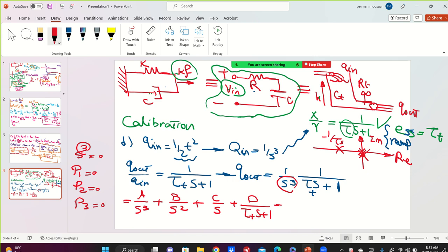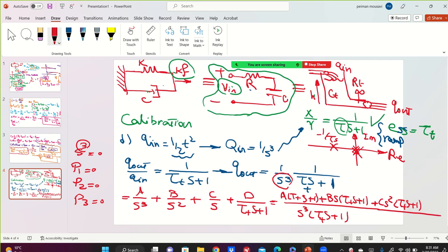You're going to find A, B, C, D. So you can write this as A tau T S plus 1, plus B S tau T S plus 1, plus C S squared tau T S plus 1, plus D S cubed.